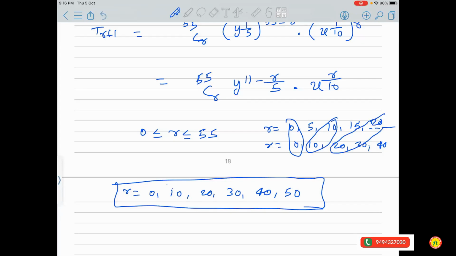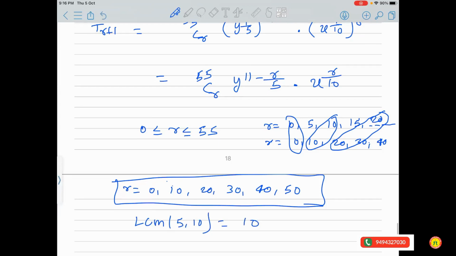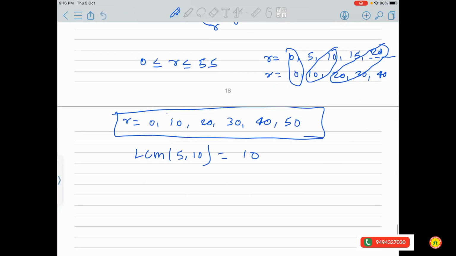So the LCM of these two denominators, 5 and 10, will give the answer. So LCM is 10. So 0, 10, 20, 30, 40, 50 is the answer for this question, free from radical.